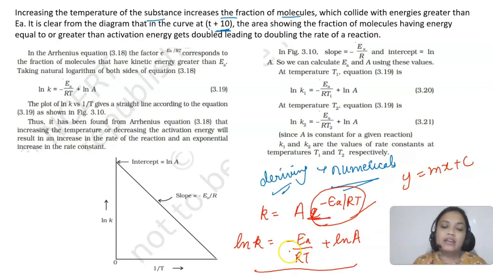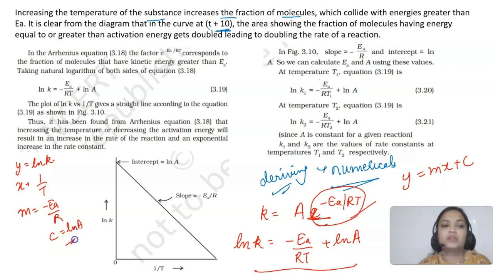If I draw a graph, y is log k and x is 1 by T. So the slope will be minus Ea upon R and the intercept is log A. So you can see the graph of log k versus 1 by T is a straight line with a negative slope. This graph you must know.